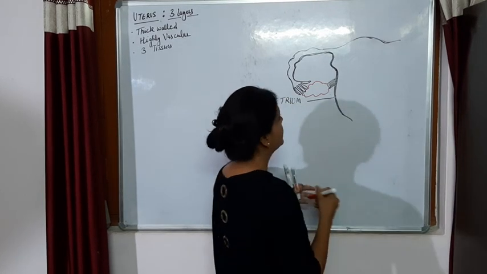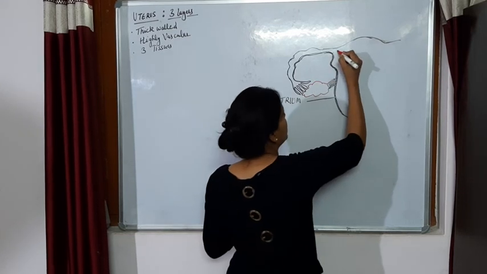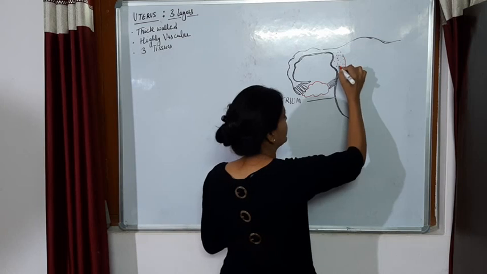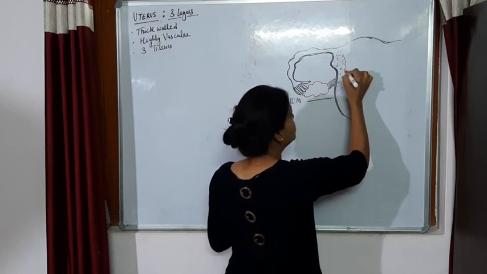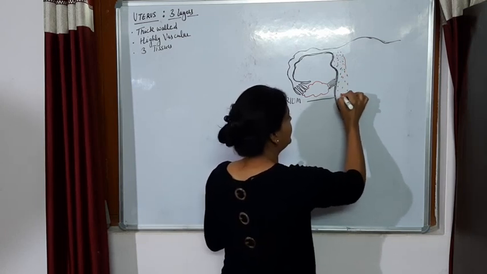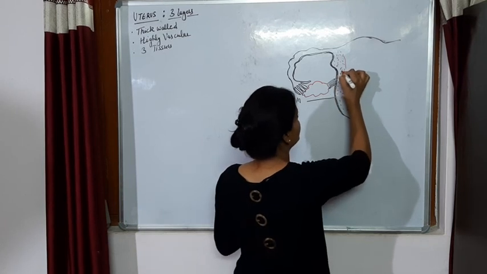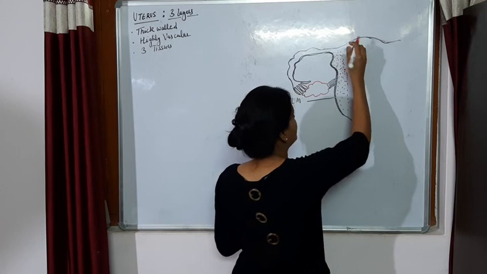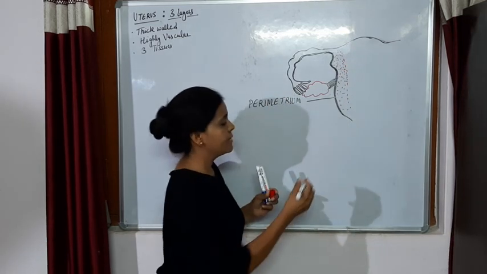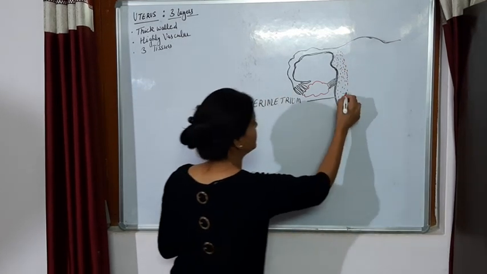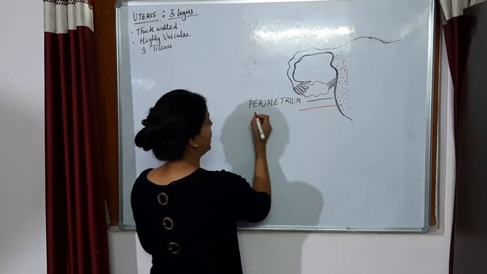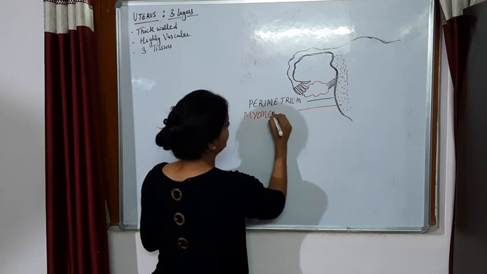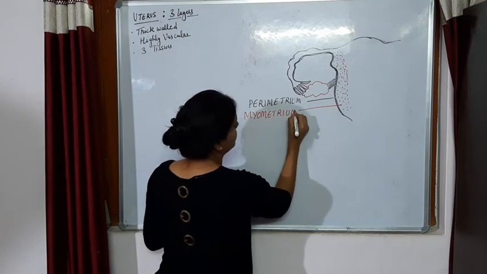Inner to it is the next layer, which is highly muscular and made up of smooth cells, right? The muscular contractions over here are very strong. So this is the second layer, the one in dotted red, and this is called myometrium. Okay, right?